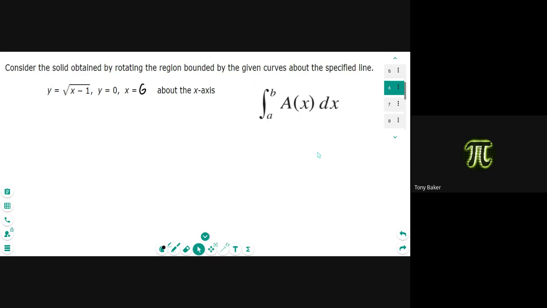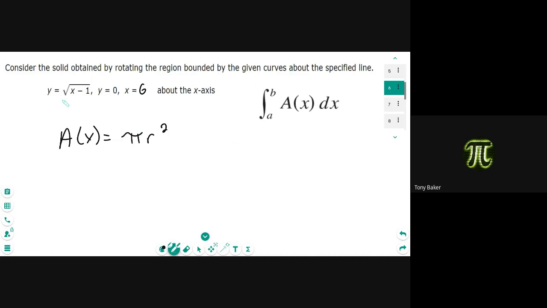So it's just the area. The area of your disk is pi r squared. So A of x is pi r squared. The question is, what is r? It's our outer function minus our inner function.